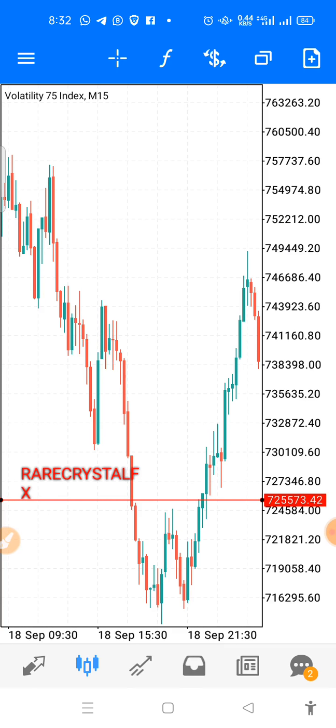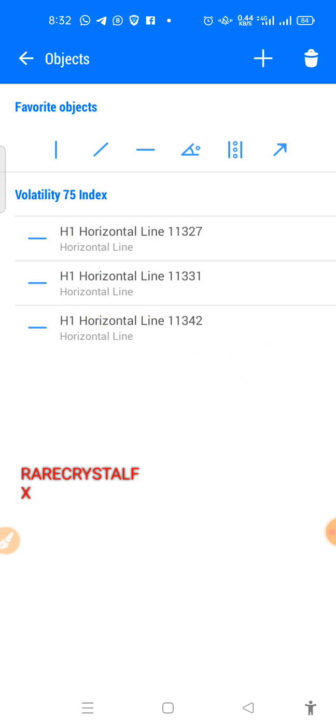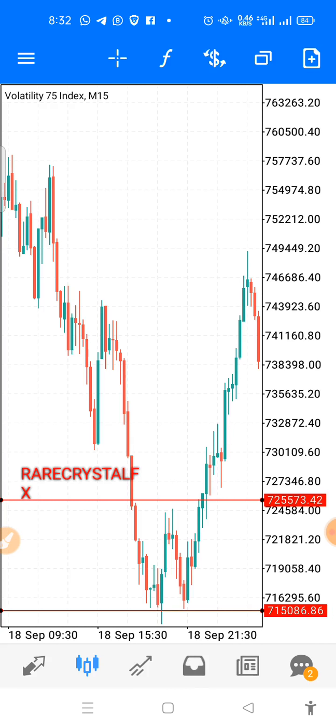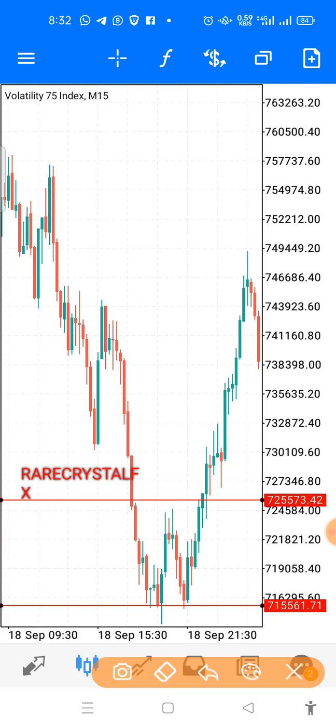Let's say you are able to spot the market here forming a support, but you don't know if that support is still valid or not. You rule the support. Let's assume you rule the support when the market was actually here, touching it, touching it again.